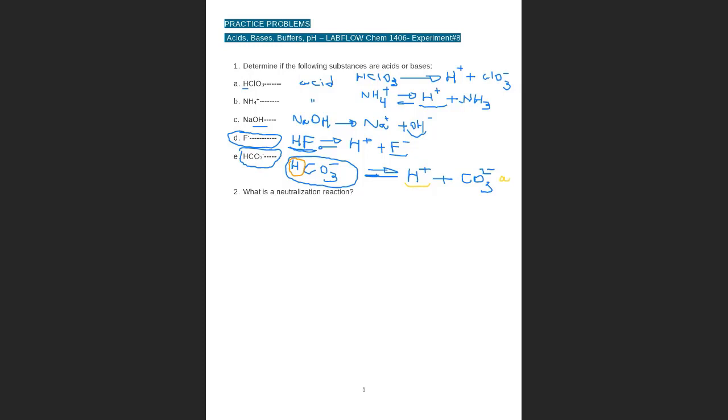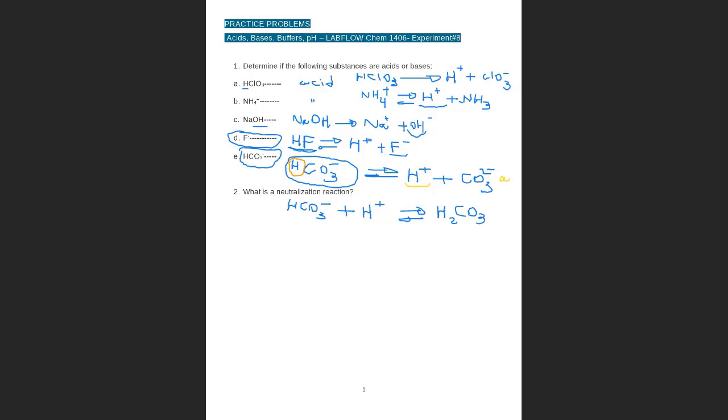Now we are going to see if this HCO3 minus can combine with an H. Can it? Yes, because it can form carbonic acid, because it has two.